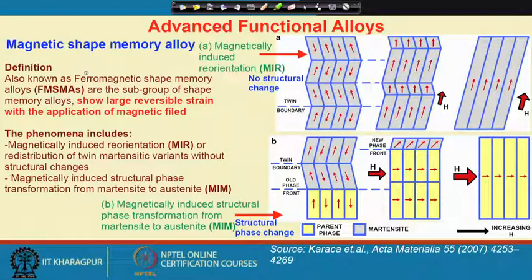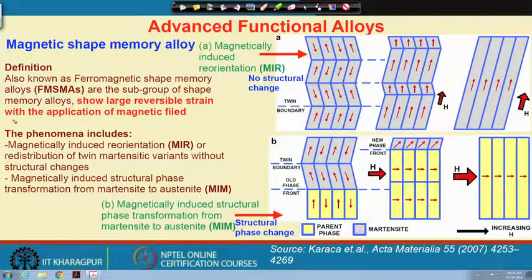So, these should be ferromagnetic materials, and they are a subgroup of shape memory alloys that show a very large reversible strain upon application of a magnetic field.